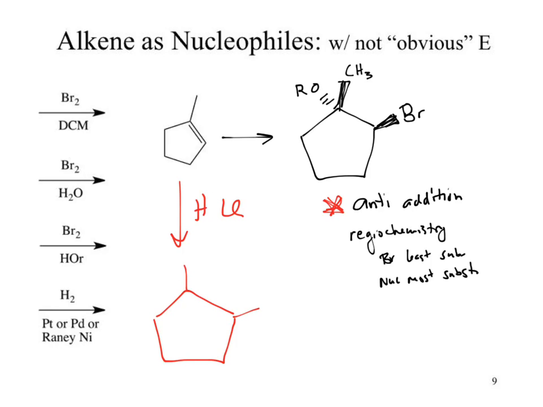Where did the hydrogen go? Went there, and our chloride went there. So our positively charged atom always goes to the least substituted location.